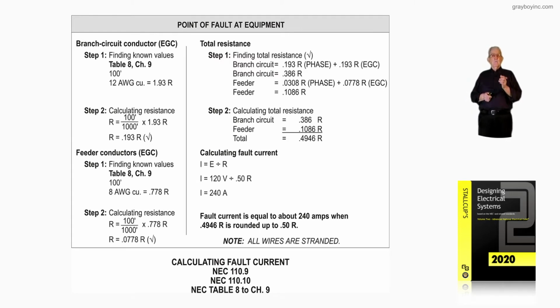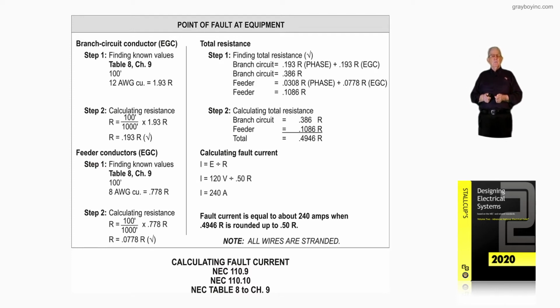Now, let's review the equipment ground with the boxed in information to the left. And notice branch circuit, equipment grounding conductor, finding known values, the 100 foot, going to the table, 8 or 9 and pick it up. 9 would be more accurate if you were using metal conduit and knew what it was, metal or non-metallic, whatever you were using.